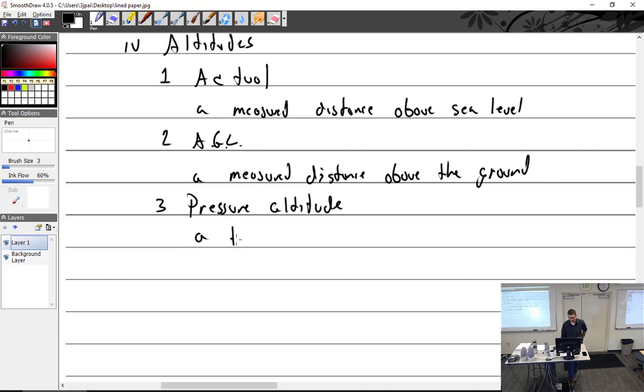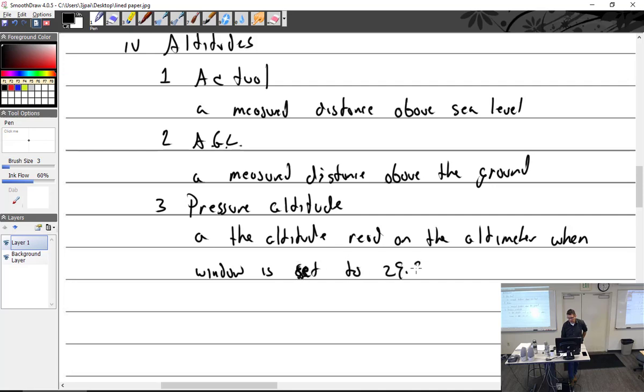It is the altitude read on the altimeter when the window is set to 29.92. It doesn't matter anything else. Get in the airplane, rotate that little Kollsman window to 29.92, read what's on the thing, that's pressure altitude. I call that pressure altitude.